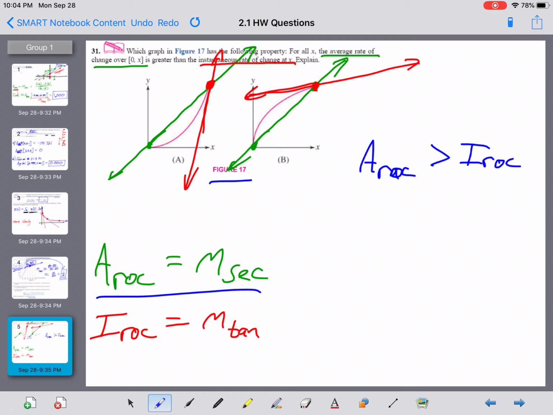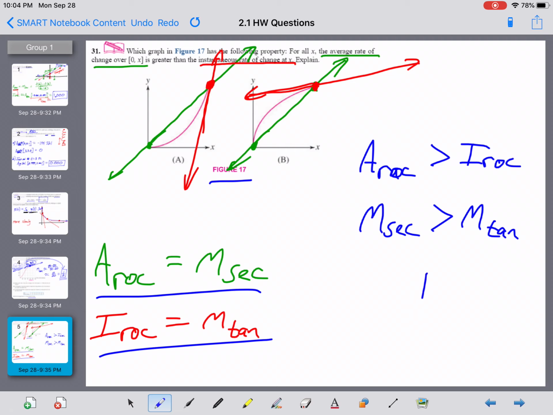Well, average rate of change is the same as the slope of a secant, and we want that to be greater than the slope of our tangent, which is the same as the instantaneous rate of change. So which of those two graphs, A or B, has a secant line in green that has a greater slope than your tangent line in red?